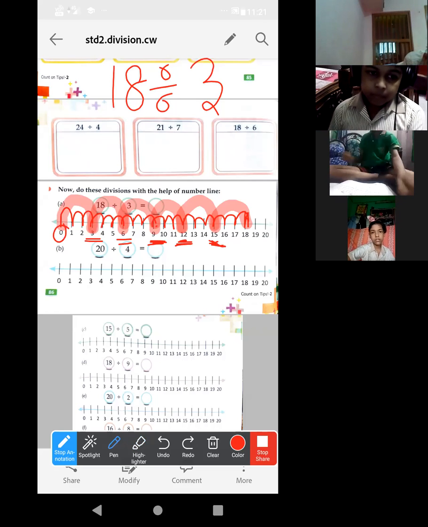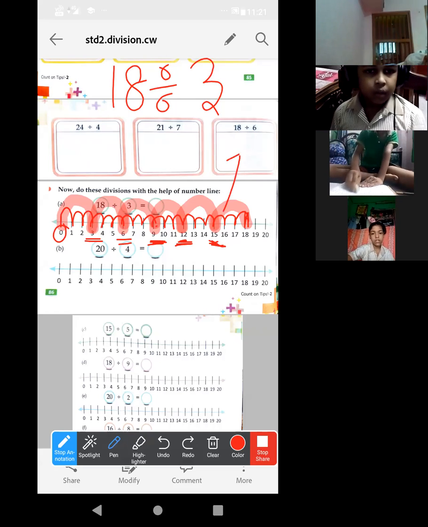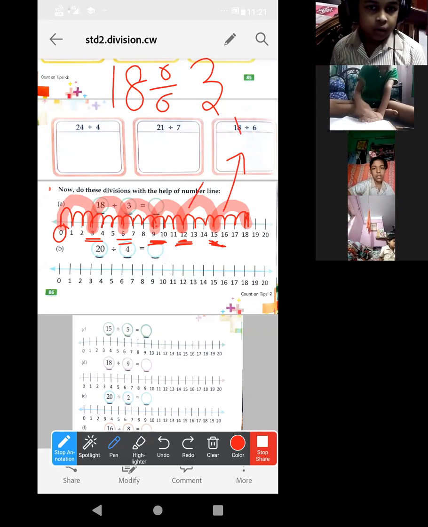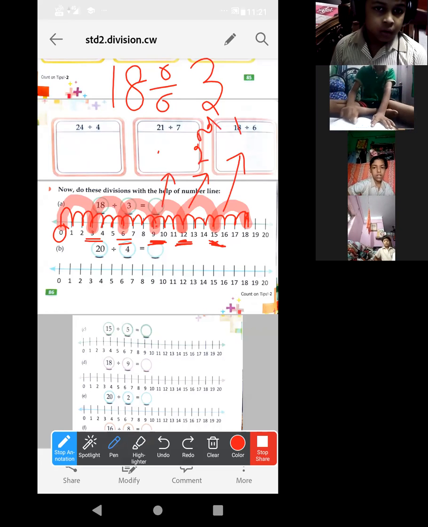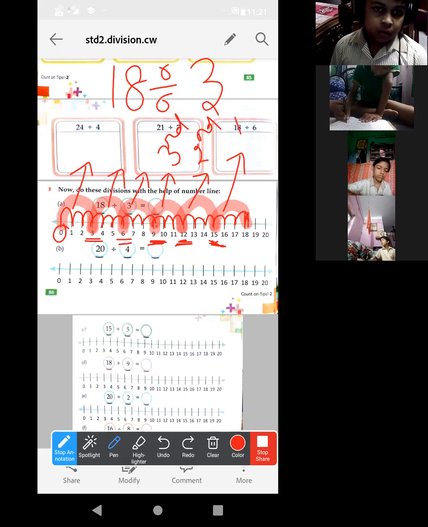Okay, now look, how many jumps have we done? Look, this one first jump, second jump, third jump, fourth jump, fifth jump, and sixth jump. So how many jumps have we done? 6.